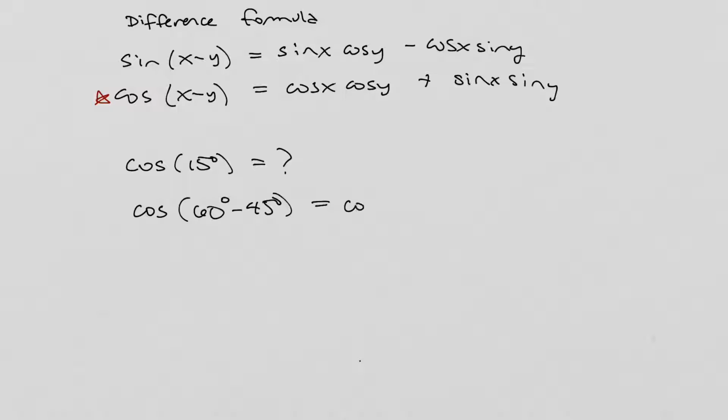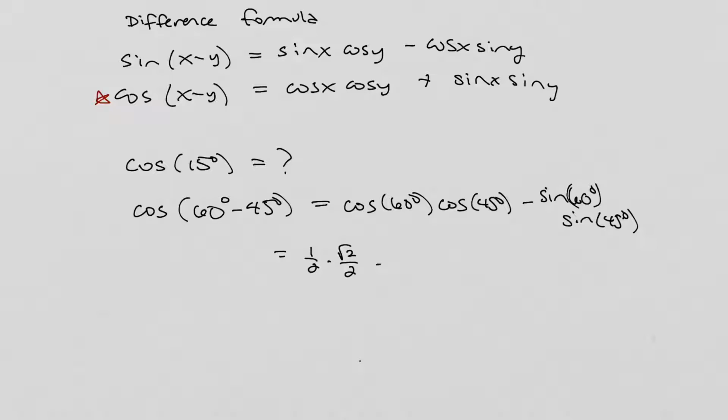Okay? And this will give me cosine of 60 degrees, cosine of 45 degrees, minus sine of 60 degrees, sine of 45 degrees. Okay? So this is a 1/2 times the square root of 2 over 2 minus, let's see, sine of 60 is square root of 3 over 2, and that's square root of 2 over 2.